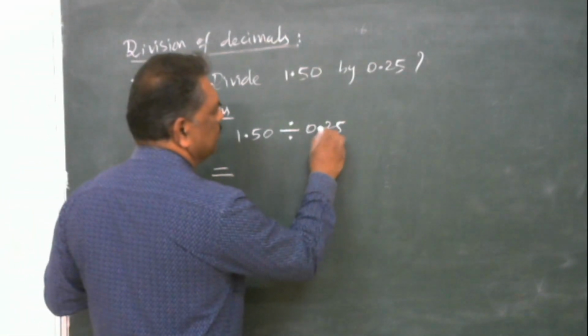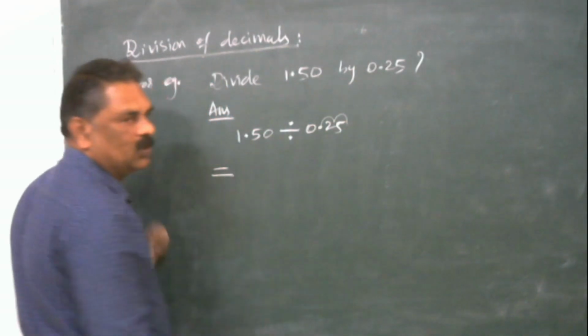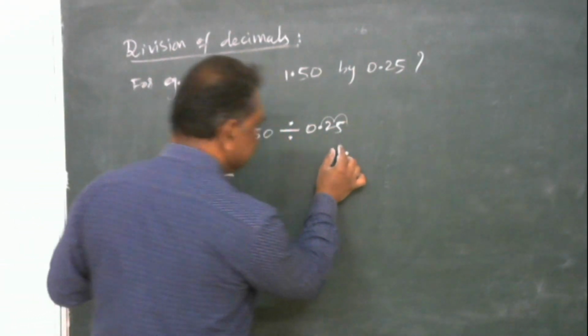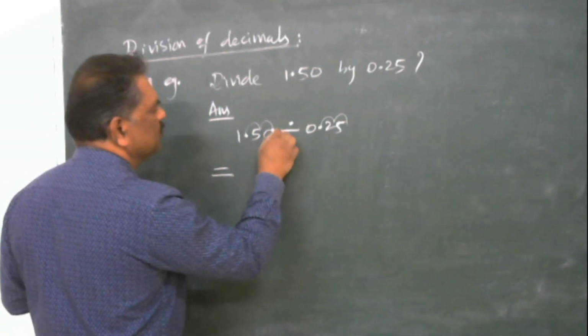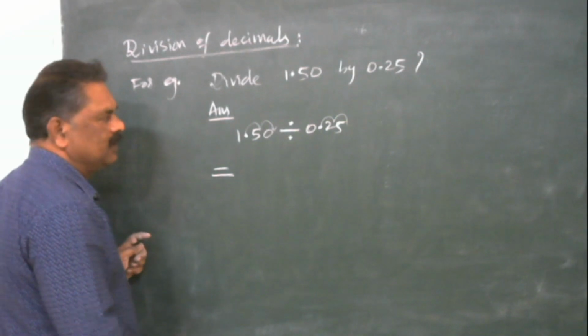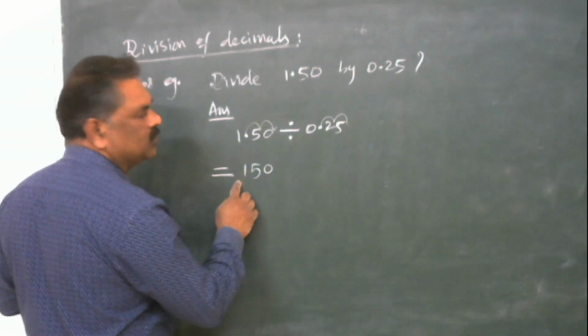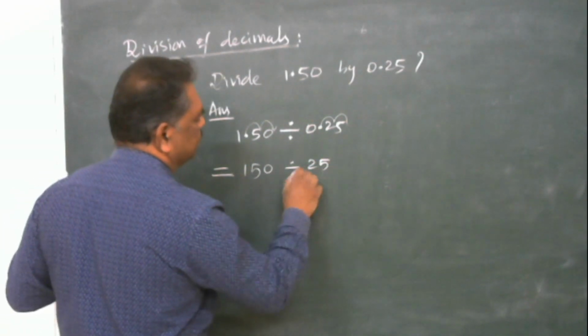Here I am going to shift 2 places, then it will become a whole number. If you shift 2 places to the right in the divisor, in the dividend also you need to shift 2 places to the right. So this problem is equivalent to 150 divided by 25.